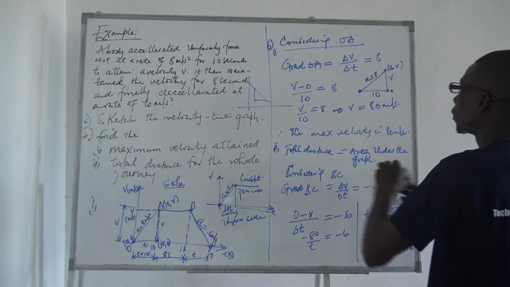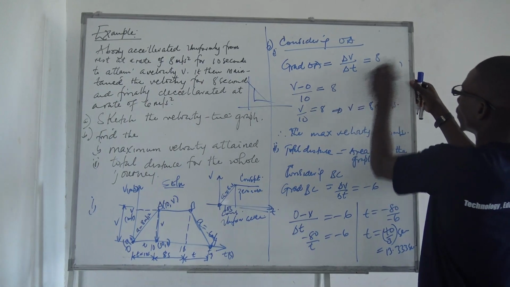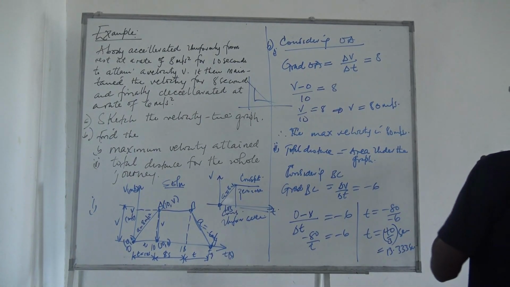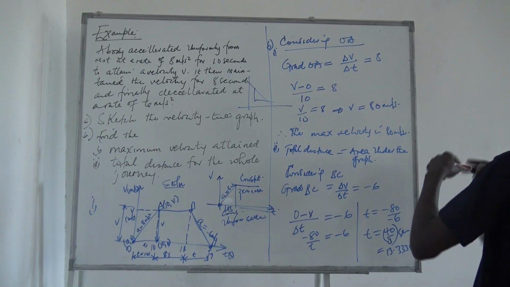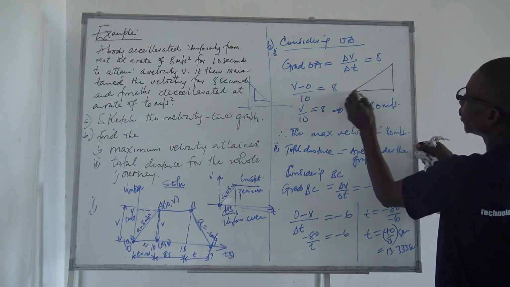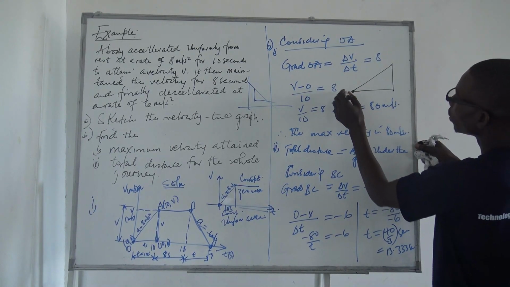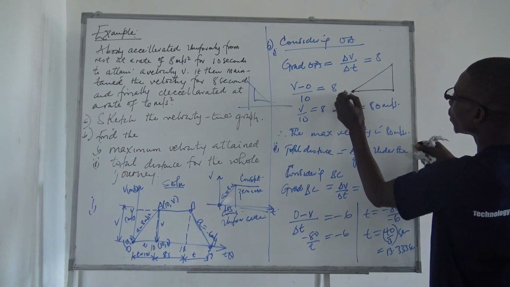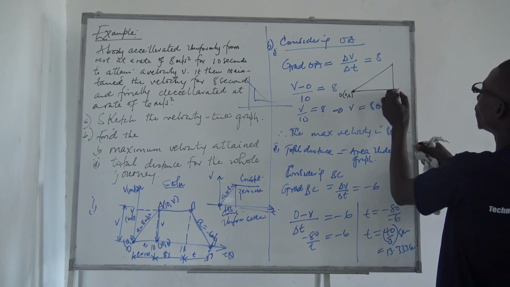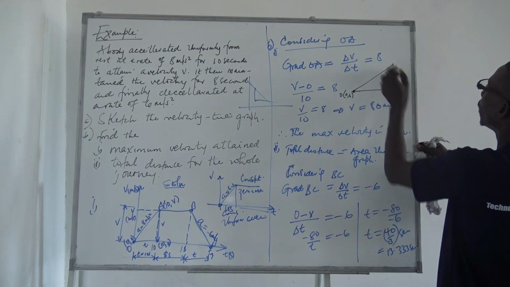So if I'm to draw that for you, you can draw the other diagram as this: this is point O. If it is the origin, it will be 0, 0. And now this one here would be 10, 0.